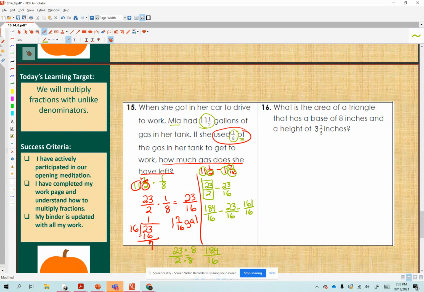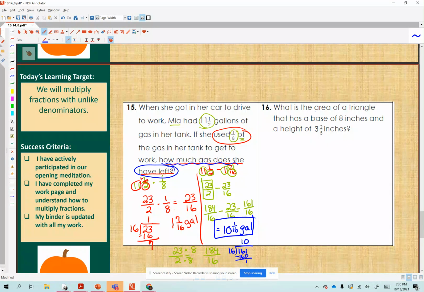And the final thing we need to do is divide 161 by 16. So we have 161 divided by 16, and we'll take a guess. We know that 10 would be 160 with 1/16 left over. So our final answer to how much gas does she have left is 10 and 1/16 gallons. So that was a hard problem, and you did well by following along.